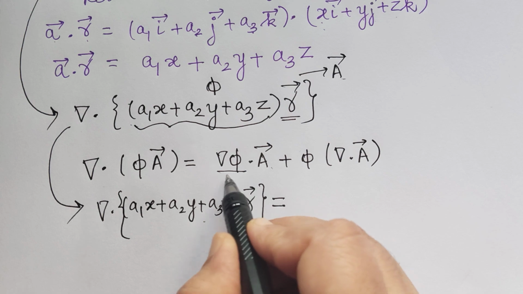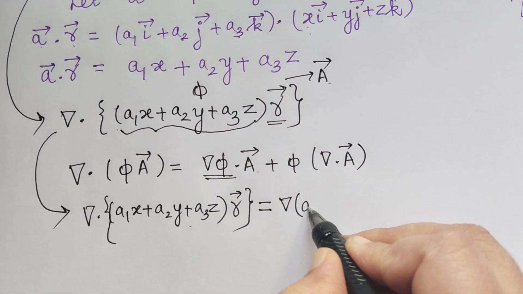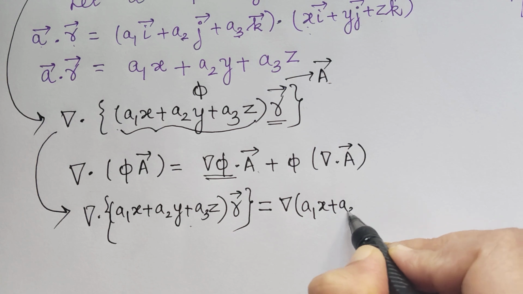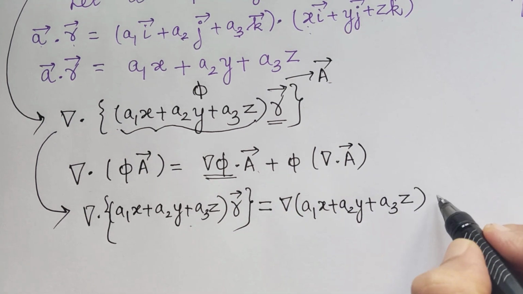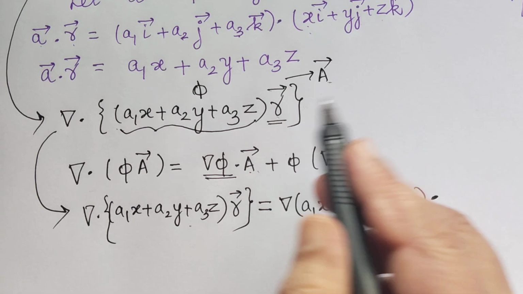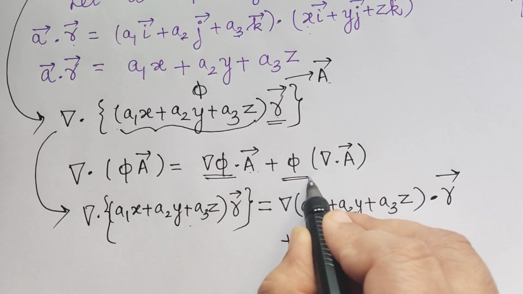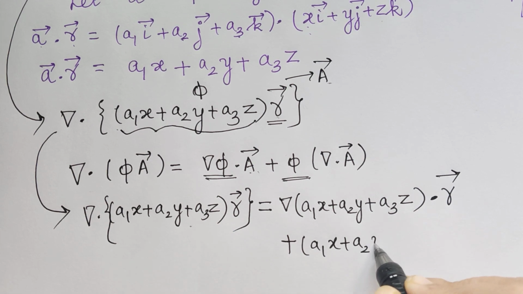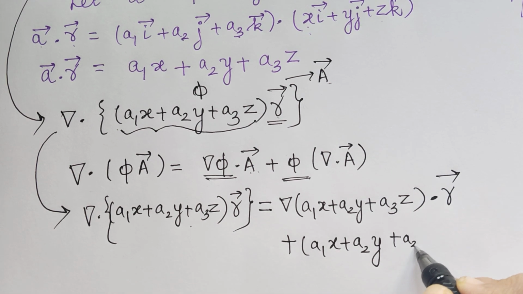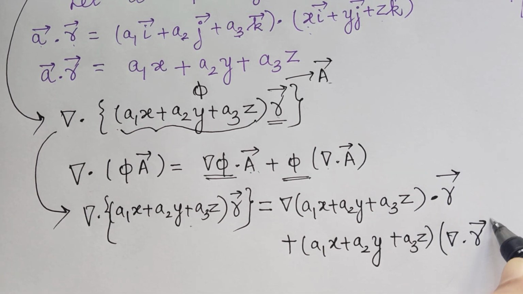First we have to write del phi, where phi is A1x plus A2y plus A3z, dot product with A vector, here A vector is R vector, plus phi multiplied with, so phi is A1x plus A2y plus A3z, this multiplied with del dot R vector.